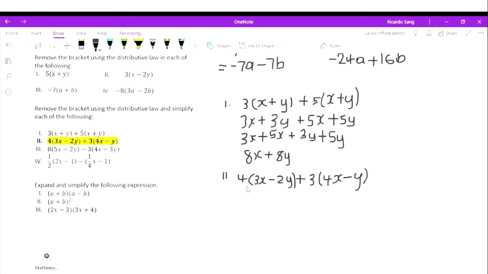So now we're going to use distributive law again to remove the bracket. So that will be 4, 3 fours is 12. Then 3 twos, a negative term times a positive is negative, so it's minus 3 twos are 6. Oh, sorry, I'm going to put on the x. 3 fours is 12, and that should be 12x.